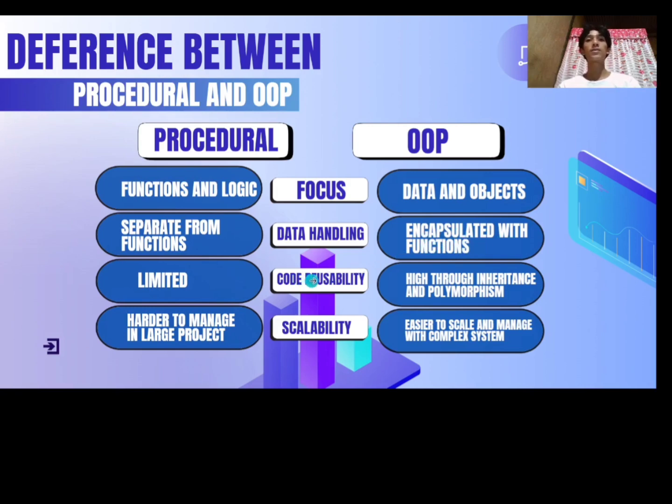Now, code reusability in procedural is limited, while in OOP it is high through inheritance and polymorphism. Now, scalability: procedural is harder to manage in a large project, while OOP is easier to scale and manage with complex systems.